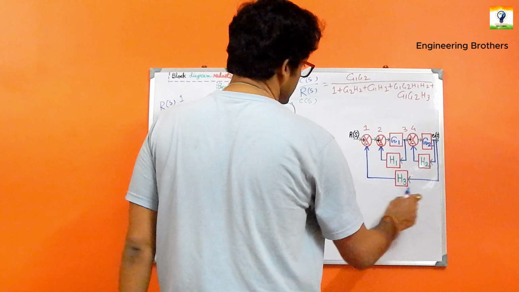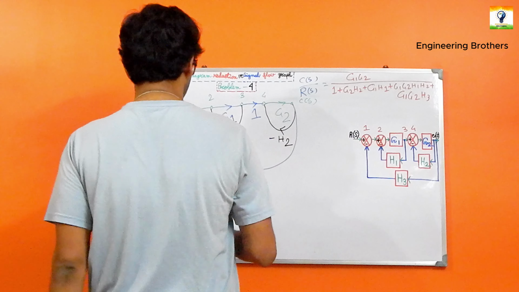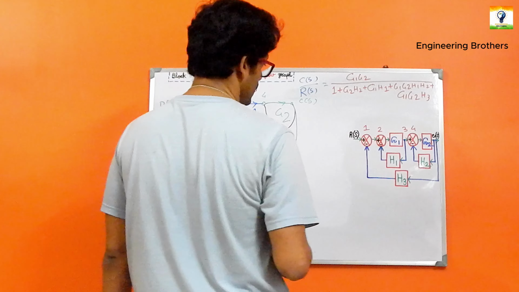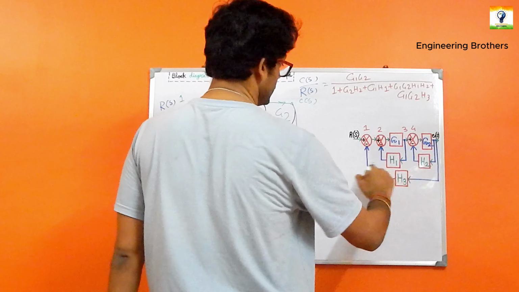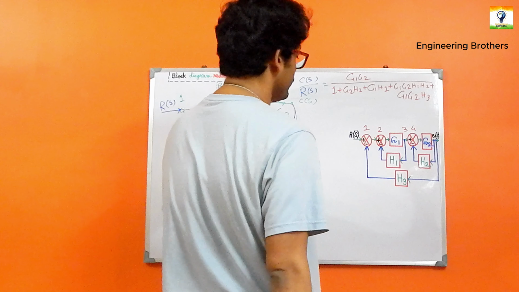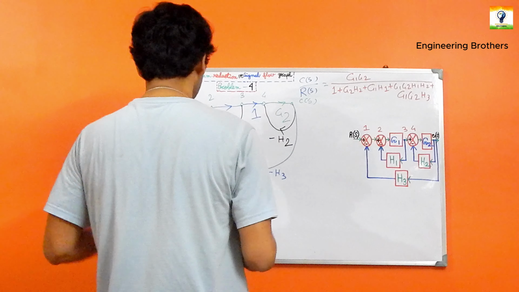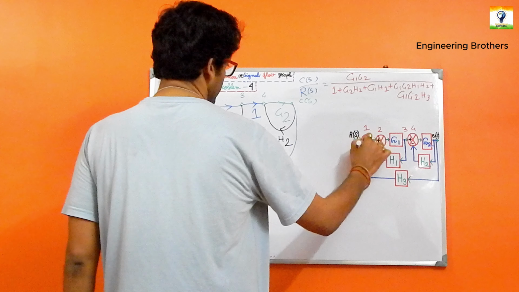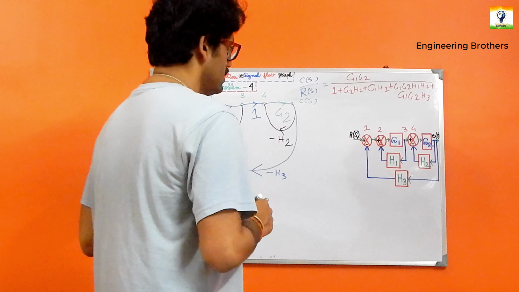In between C(s) and 1, the feedback gain will be minus H3, because from C(s) to 1 we have the feedback gain H3, and it is minus because a negative signal enters at our summing point.